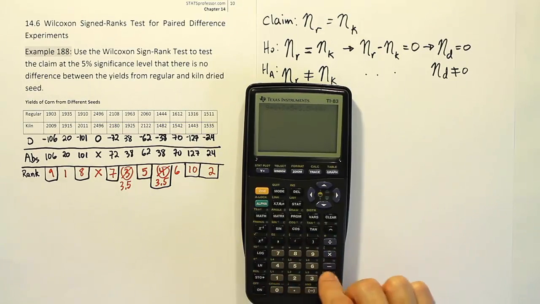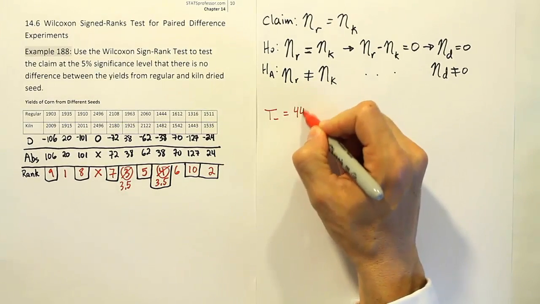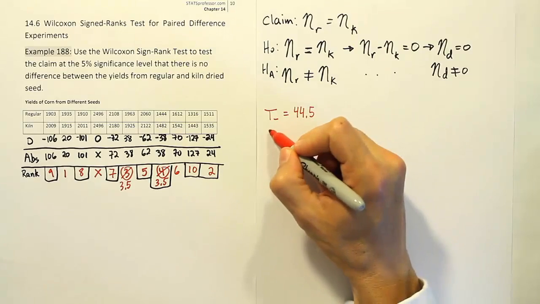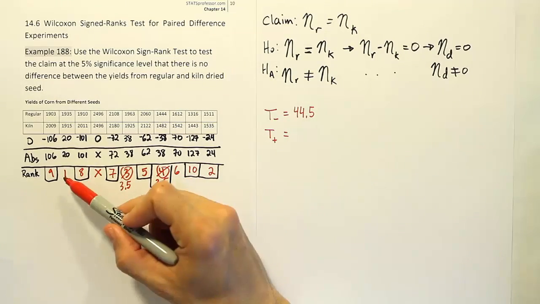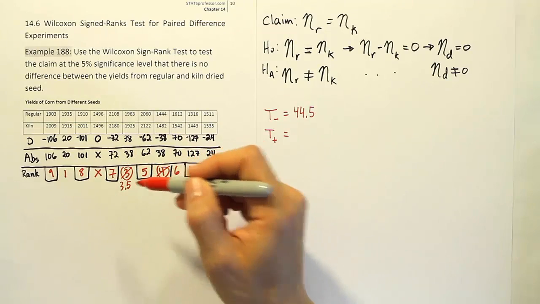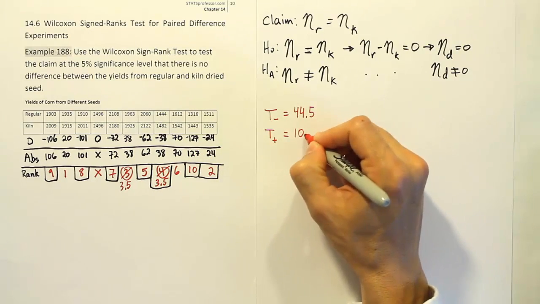Plus 10 plus 2. All right, if you add all together, you get 44.5 for that value. 44.5. And if you want to do T positive, then that's just the leftover ranks that are positive. That's only going to be 1, 3.5, and 6. So I'm going to get 10.5 for that one.